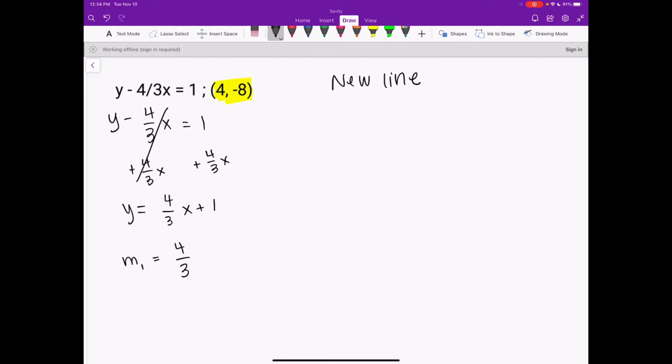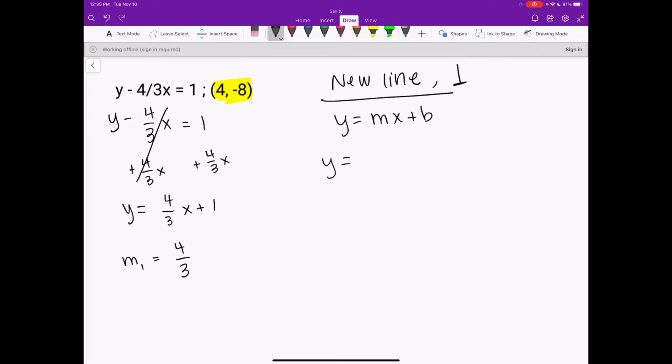All right, let's focus on writing that equation for our new line that is perpendicular to y equals 4/3 x plus 1. I'm going to start with just the basics, y equals mx plus b, and I can substitute in my slope. I know that it has to be perpendicular, so I'm not going to write 4/3 as my slope.